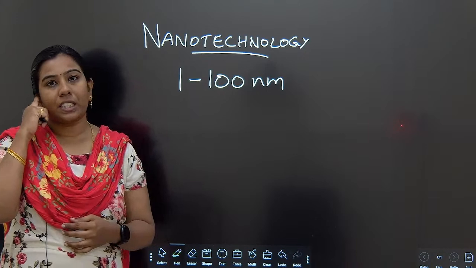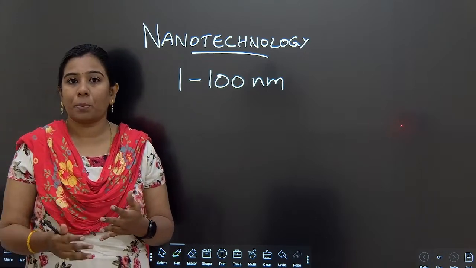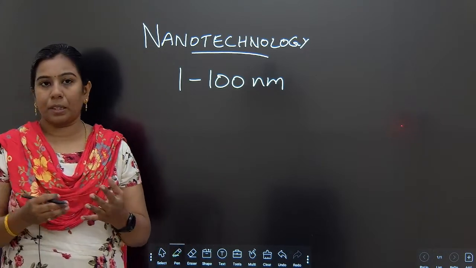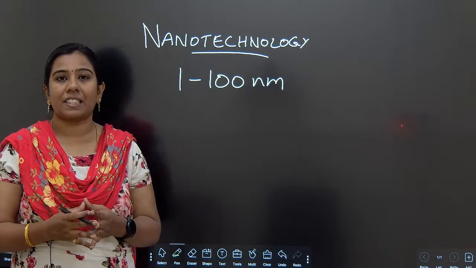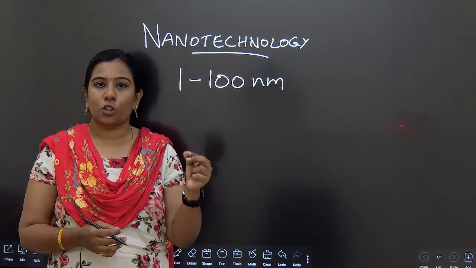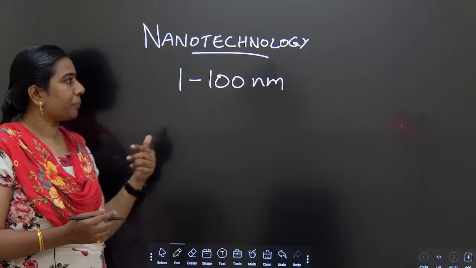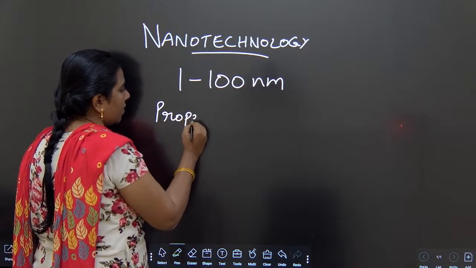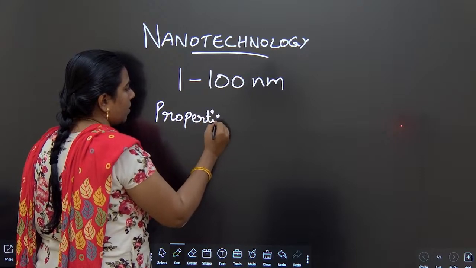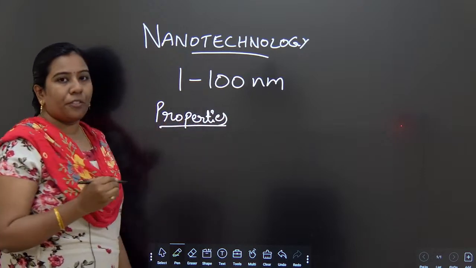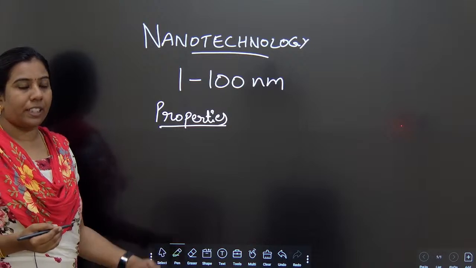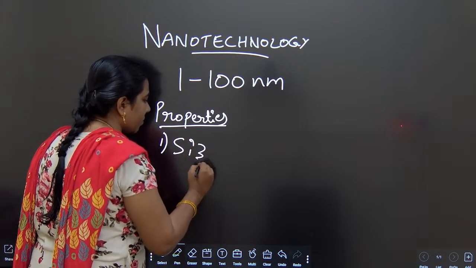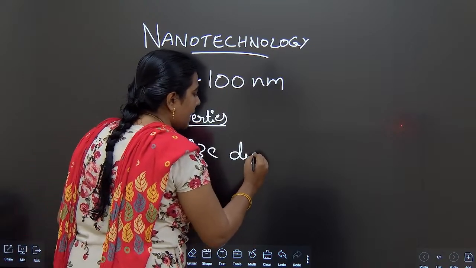Okay, if you see the properties of nanotechnology, it is size dependent, because the size should be in this range only. Why is it size dependent?